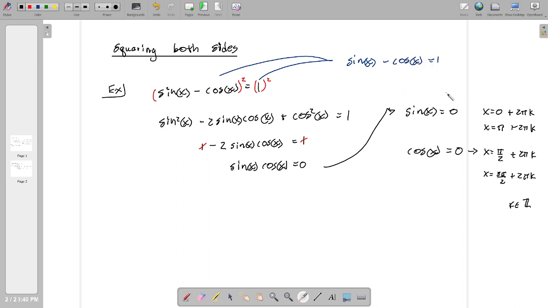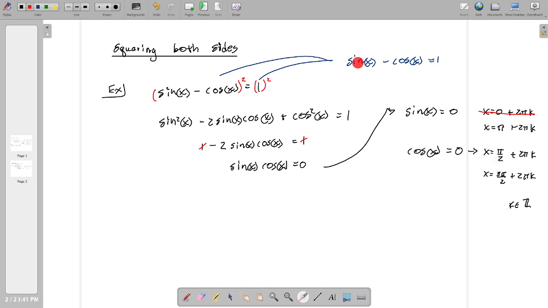Well, that one doesn't actually work because we have a negative 1 on the left and a positive 1 on the right. So we can say that this one is extraneous because it doesn't actually solve the equation we want it to solve. What about pi? Well, we plug in pi, we have sine of pi, which is 0, minus cosine of pi, which is negative 1. So a negative 1 is equal to 1. This one works.